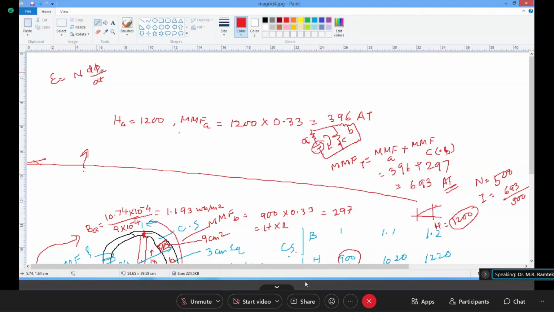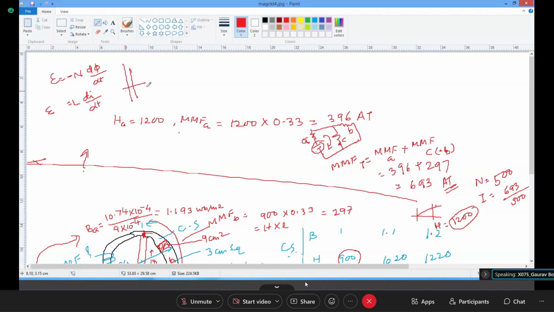Again, if I use Lenz's law, it will be minus. Now, you know E is also equal to L di by dt. You know this.